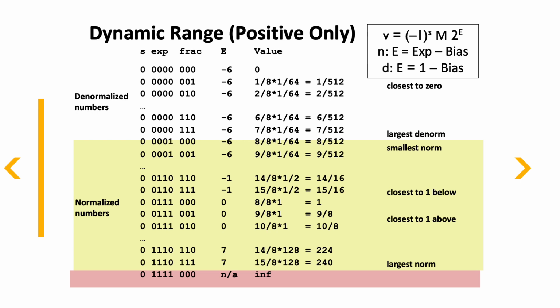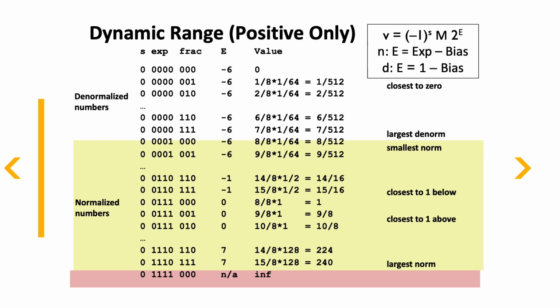When it does, we have all ones in the EXP field, and if we have all zeros in the frac field, this is positive infinity. So that takes us through the entire positive range, from a 0 special case where we have zeros in the EXP and the frac field, all the way up through the denormalized, then through the normalized numbers, finally to positive infinity.